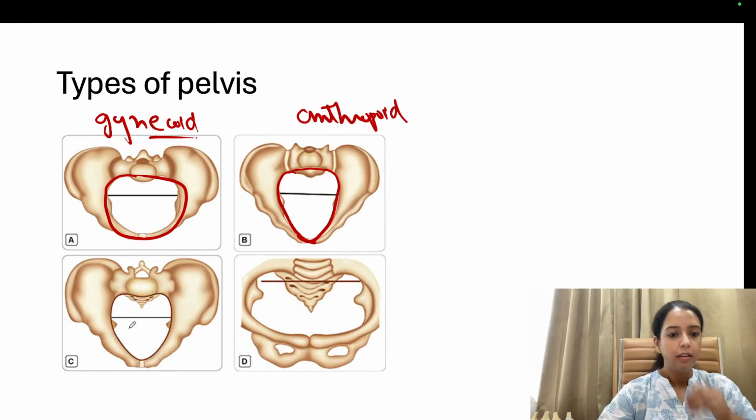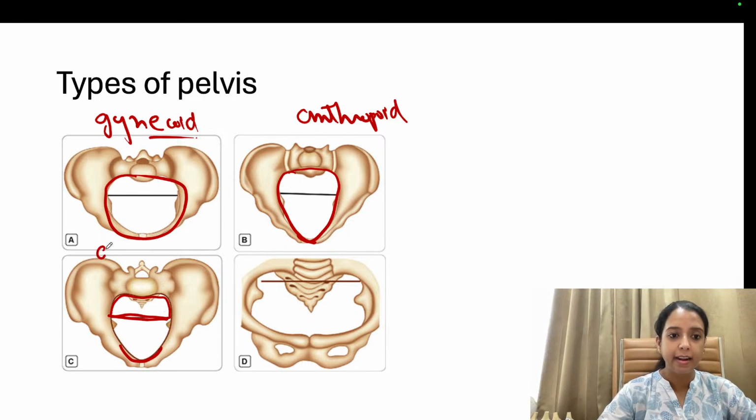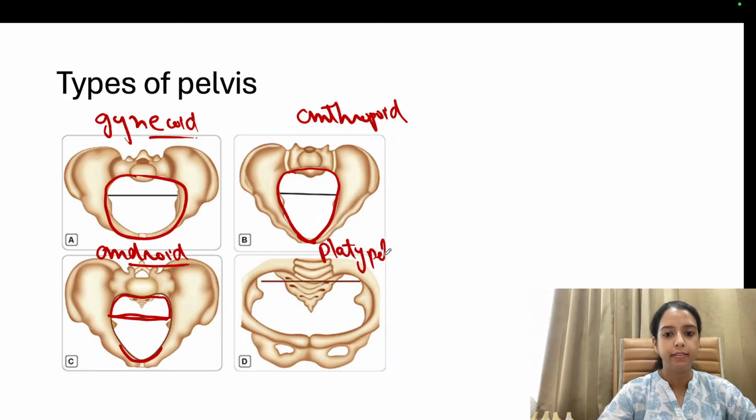Can you see this? The transverse diameter is longer, but there is anterior beaking. Posteriorly also the space is extremely less. Can you see the posterior segment is smaller? Anteriorly there is beaking, and posteriorly also the segment is very small. This is android pelvis. Correct. Very good. Android pelvis. And can you see this pelvis, a flat pelvis? It is a platypelloid pelvis.